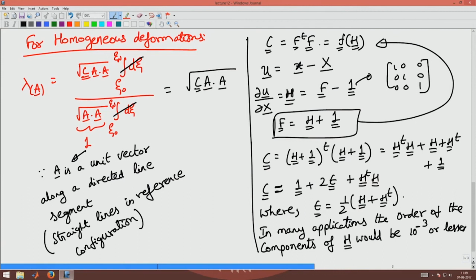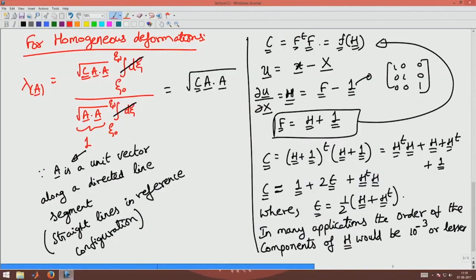Okay. So, what happens to H transpose H when the order of the components of H is of order 10 power minus 3? H transpose H should be of the order 10 power minus 6, because it is the multiplication of the components of H. Okay. So, H transpose H is matrix multiplication of each of the components of H with respect to itself. Okay.